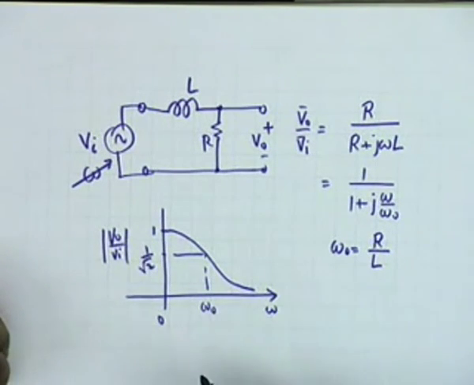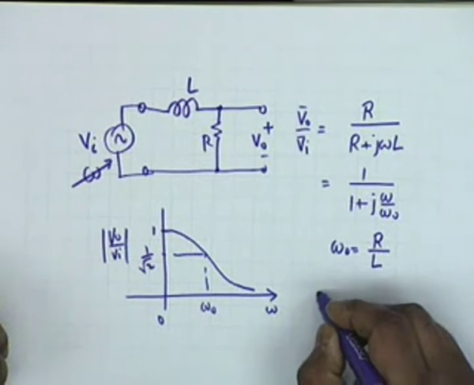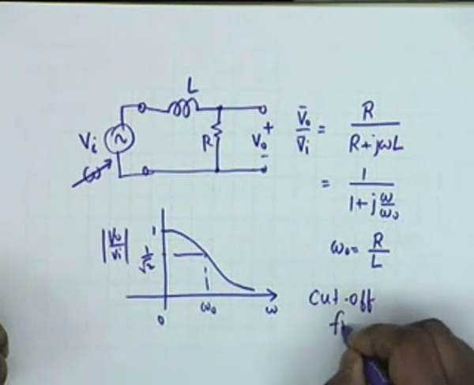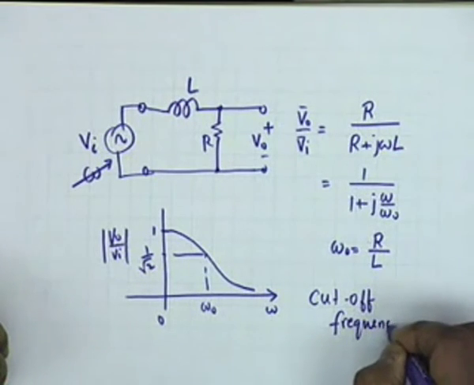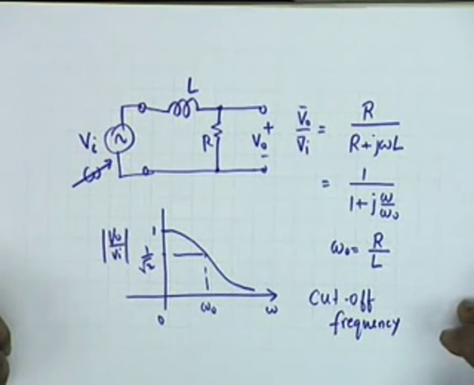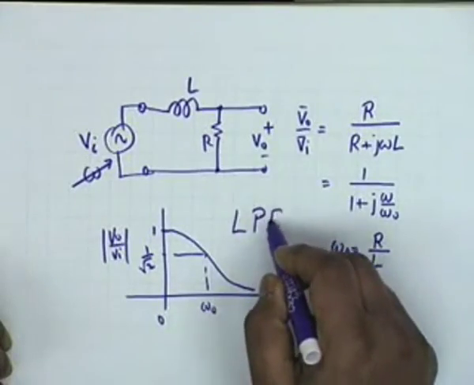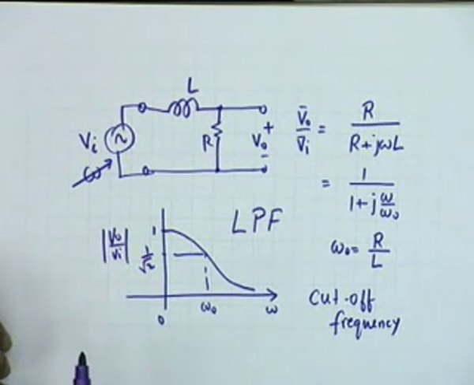So omega 0 is also called the half power point. It is also named as the cut-off frequency. I also mentioned that this is a filter because it discriminates against some frequencies and allows others to pass, and it is a low pass filter because it favors low frequencies. So it is called an LPF, low pass filter.